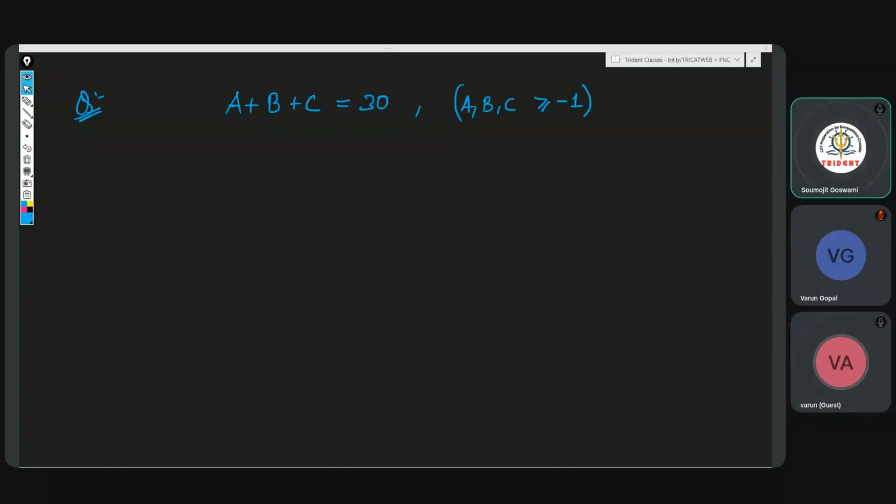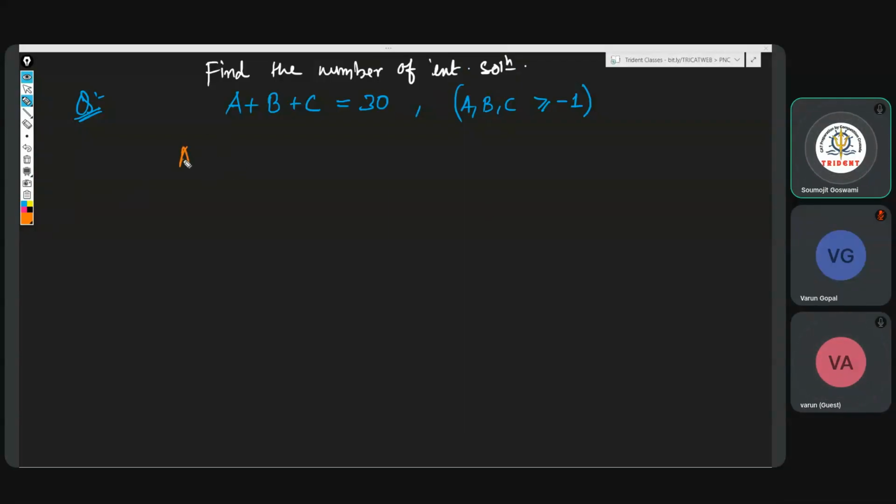They're asking for integer solutions. Find the number of integer solutions, right?